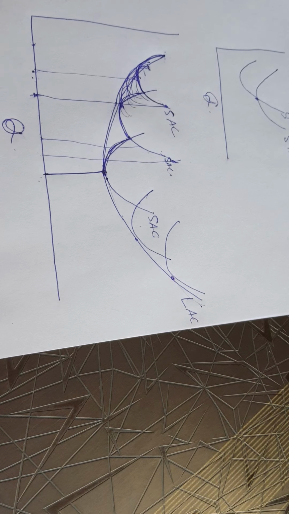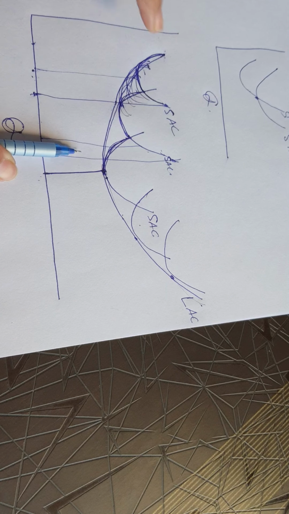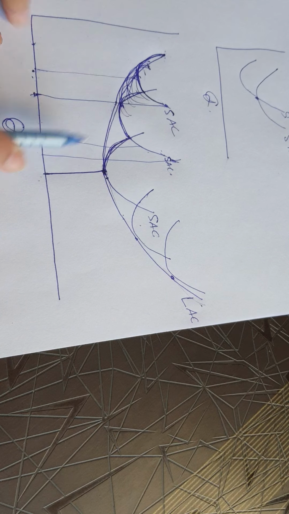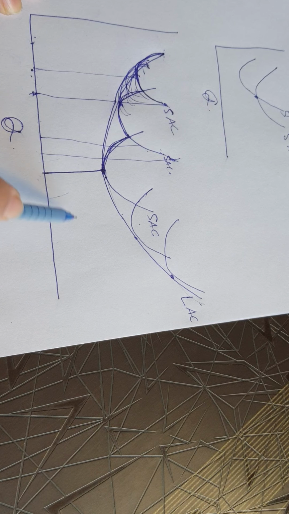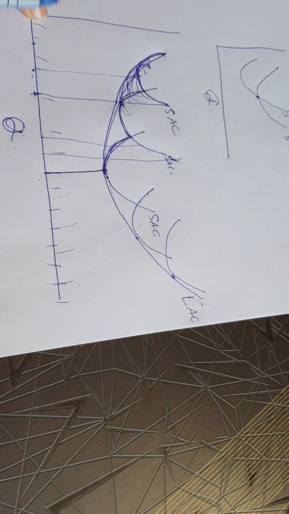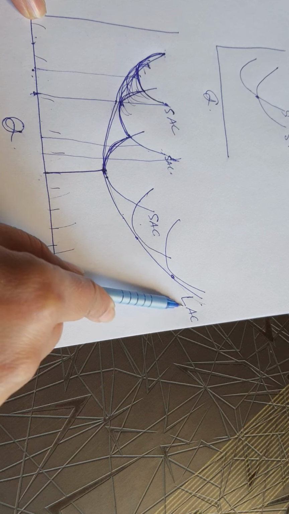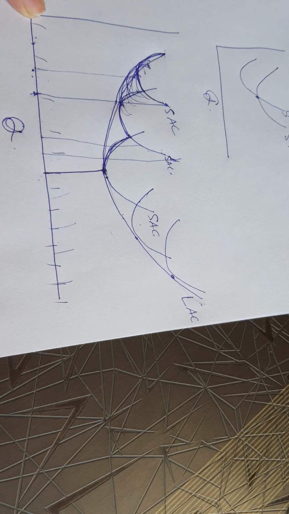Next point, LAC shows the minimum possible average cost to produce any amount of output. So any level of output you are producing, LAC is the minimum possible cost.